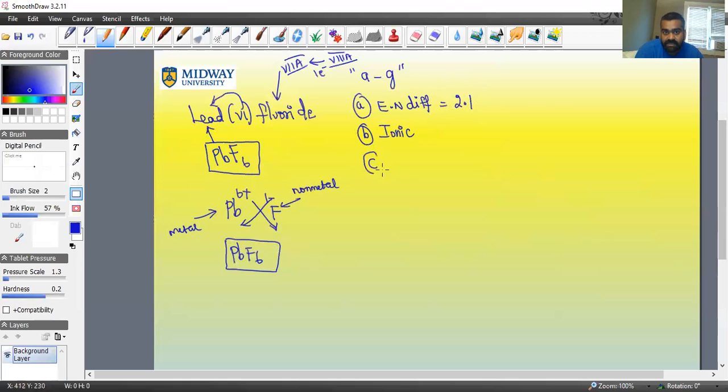And C, electron dot structure, right? Now, this is where people were not quite able to transfer that knowledge. Pb goes at the center, right? Yeah. How many am I going to distribute around Pb? 6.